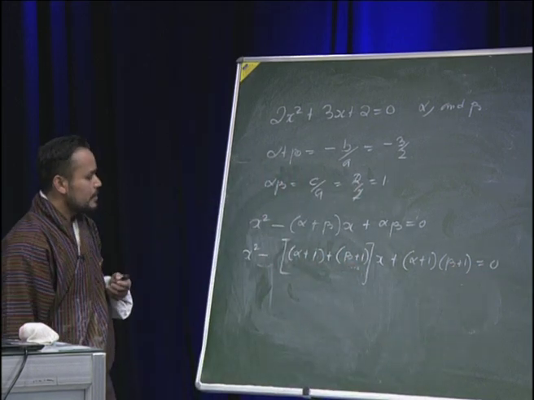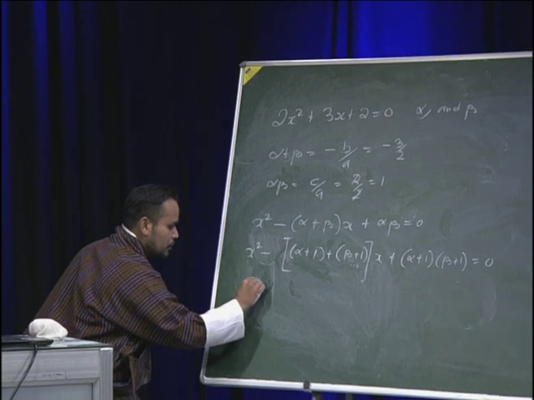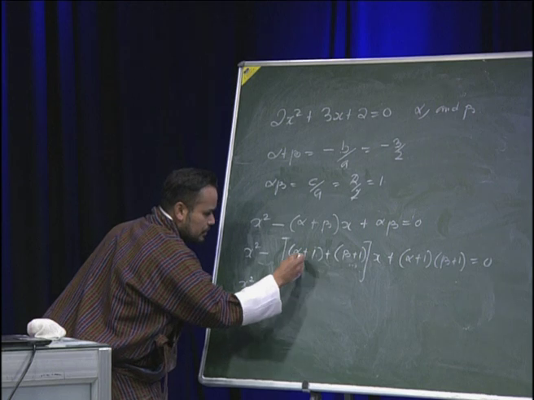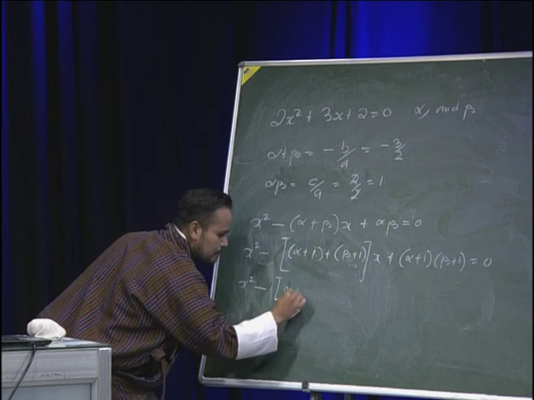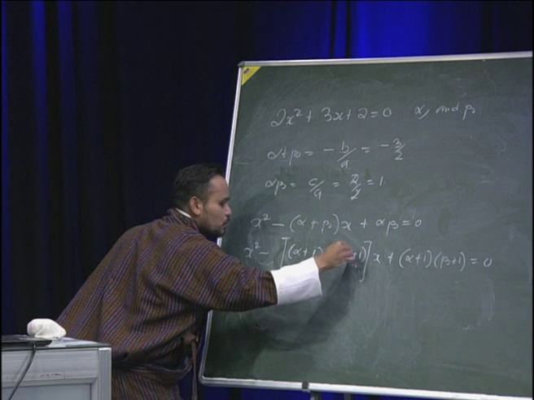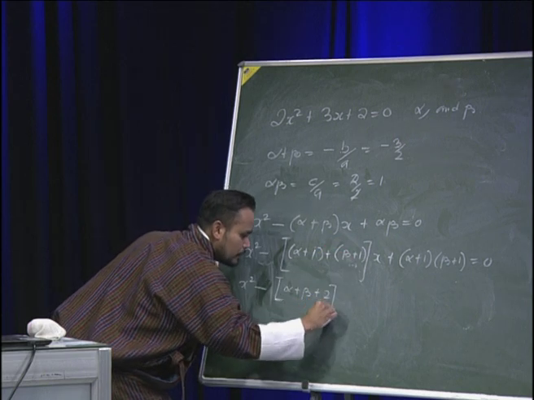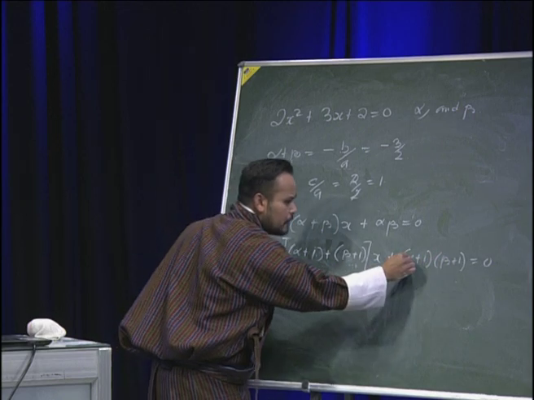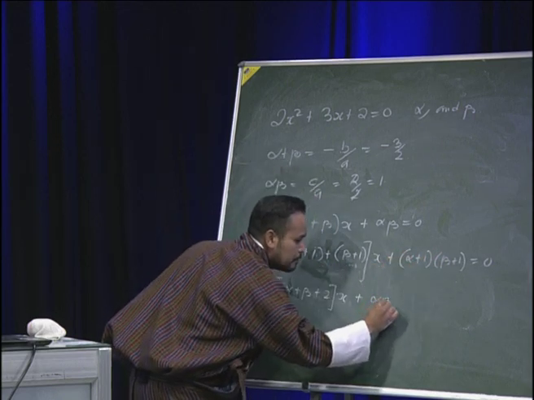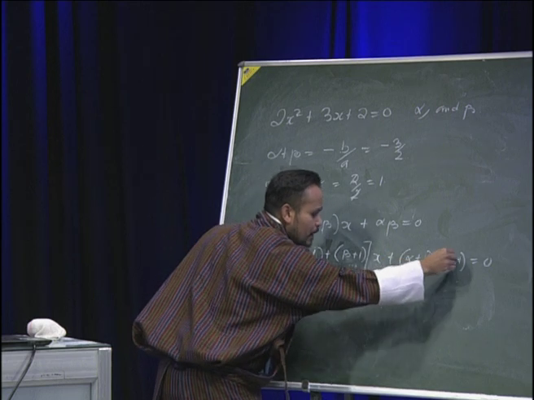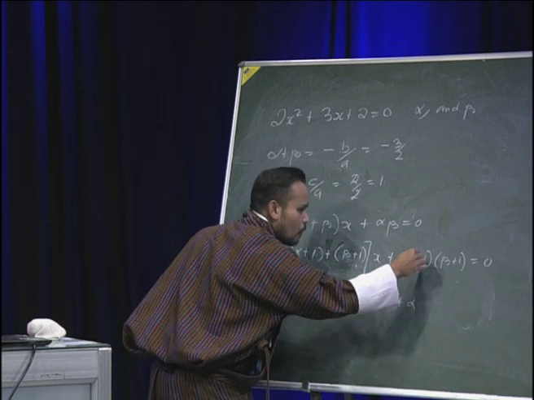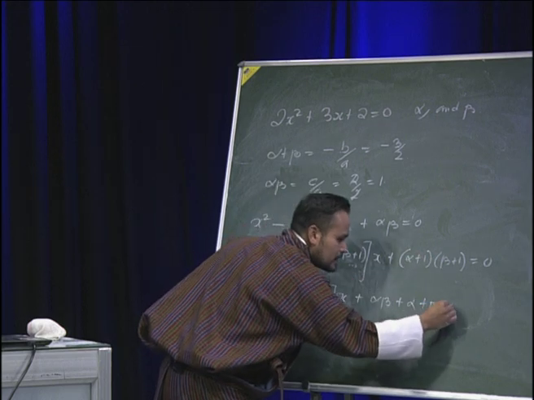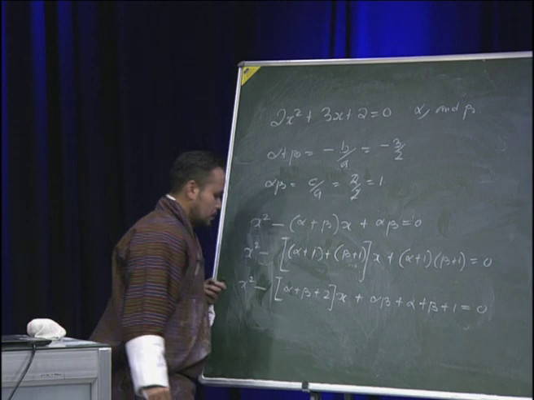Now let me simplify this expression. x² minus (alpha plus beta, 1 plus 1 is equal to 2) x plus, alpha times beta will be alpha beta, alpha times 1 will be plus alpha, 1 times beta will be plus beta, 1 times 1 will be plus 1, which is equal to 0.